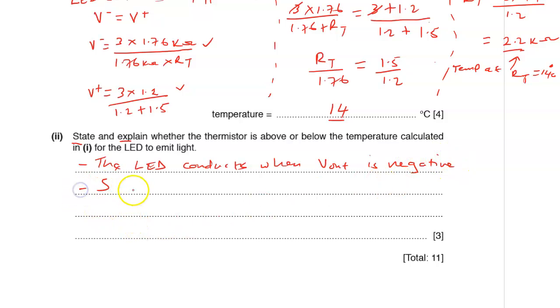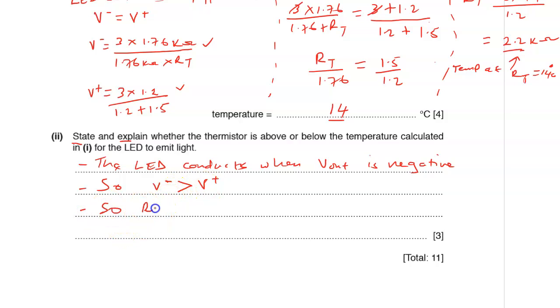So V minus should be greater than V plus, the inverting voltage should be greater than the non-inverting voltage, for that to happen, for the light to conduct.